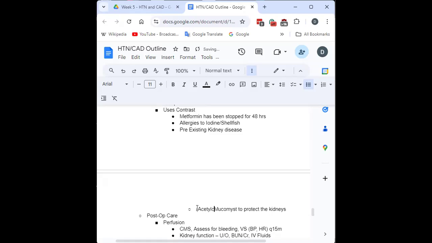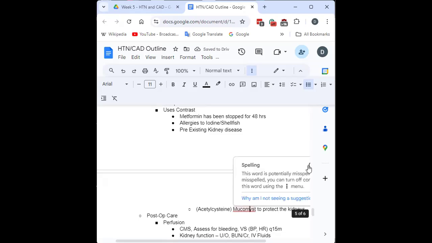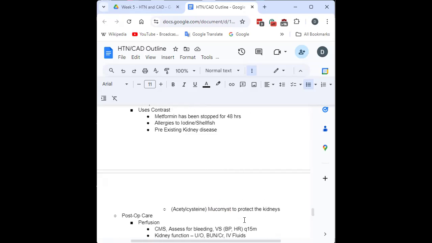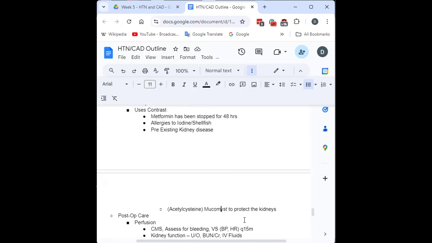Mucomyst can be good for kidney protection. It's also good for acetaminophen overdose: acetylcysteine is the antidote for Tylenol overdose, and it also helps the kidneys.